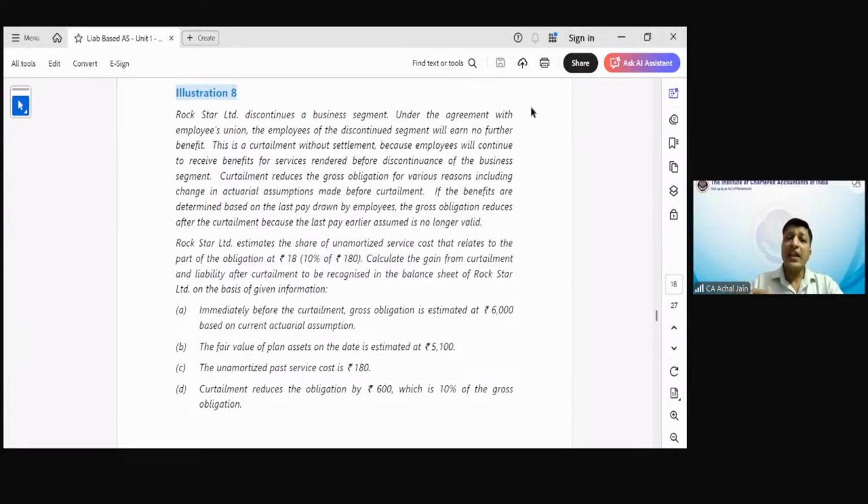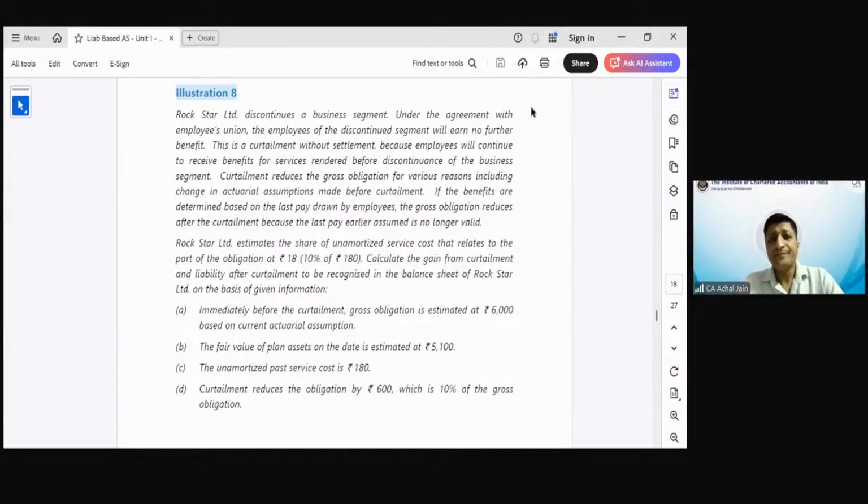And in this case, the curtailment, or you can say the employees who will not be working anymore, are not paid any further amount. Generally, when the curtailment takes place, employees will be paid some compensation. But this is a curtailment without settlement because the employees will continue to receive benefits for the services rendered before the discontinuance of the business.